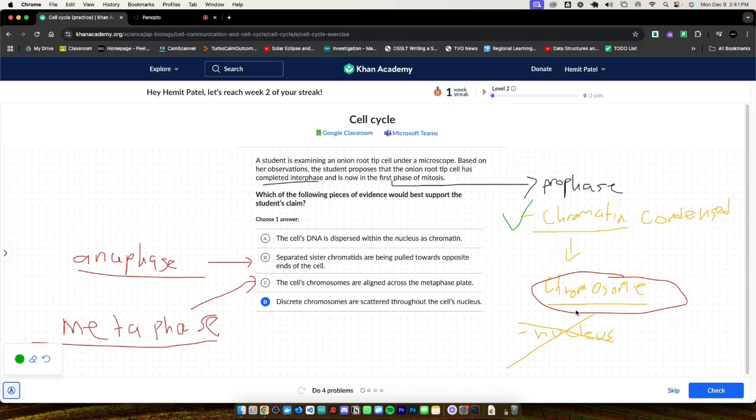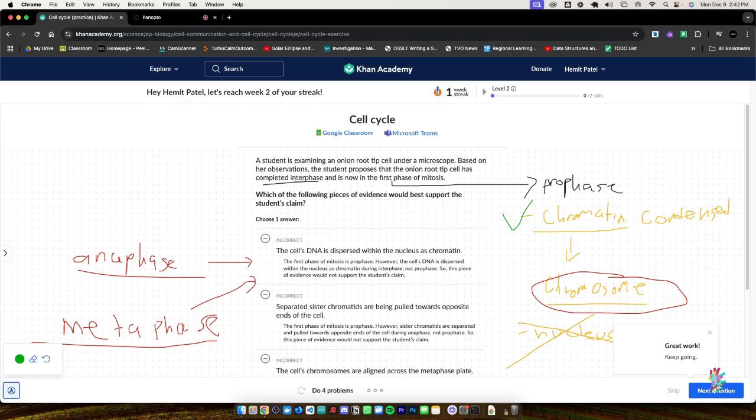It's later in prometaphase, which is the later phases of prophase, that the nuclear envelope begins to disintegrate. So that's probably why it's saying the cell's nucleus right there. But this would be the correct answer.